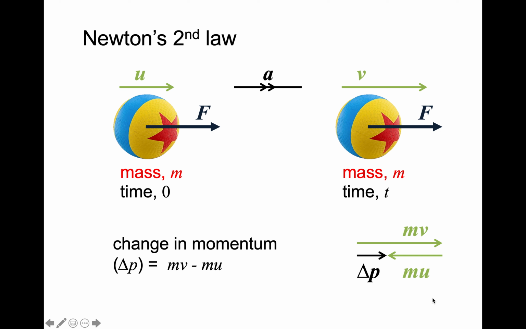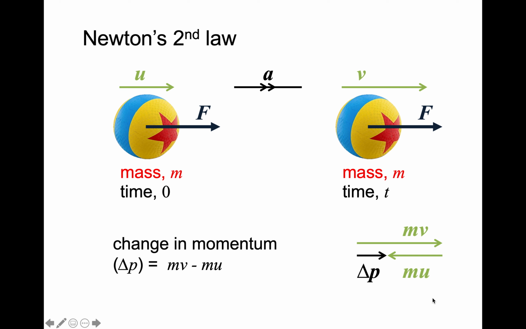Change in momentum. Now remember that all of these are vectors: acceleration, the different velocities, the force, and the momentum itself is a vector quantity. So the change in momentum, delta p, is the final momentum minus the initial momentum, mv minus mu. On the green arrow at the bottom right, you can see mv and minus mu. So we flip that arrow around and we get that change in momentum.